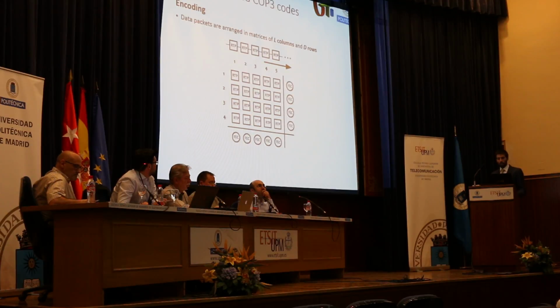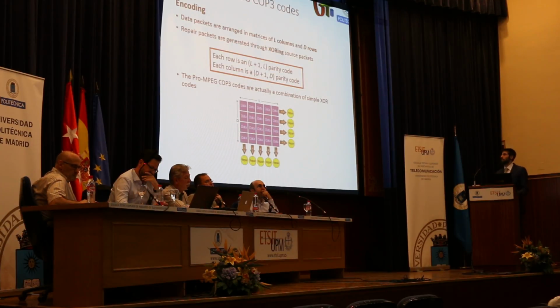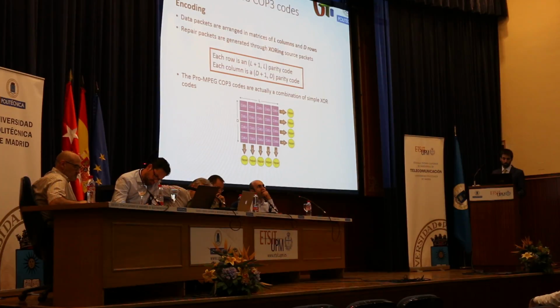The first packet in the stream will be arranged in the first row, first column position, the second one in the second column of the first row, and so on, until we're done with one row, and we'll start with the next one. So at the end we will have D times L packets arranged in the matrix, and the possibility to create repair packets column-wise, row-wise, or both ways.